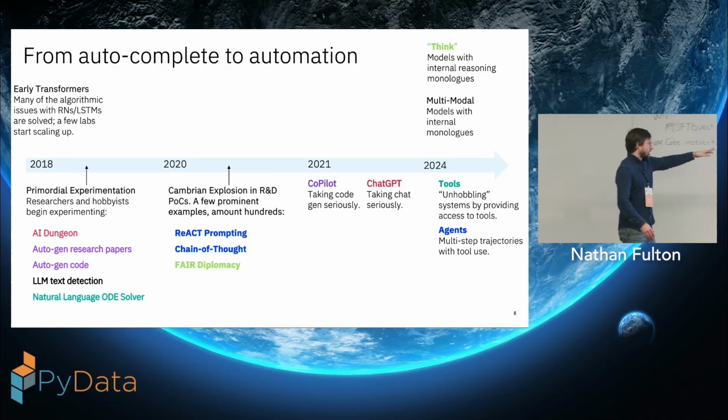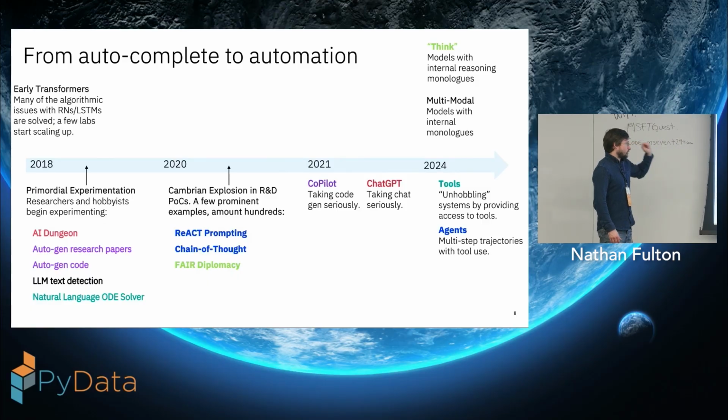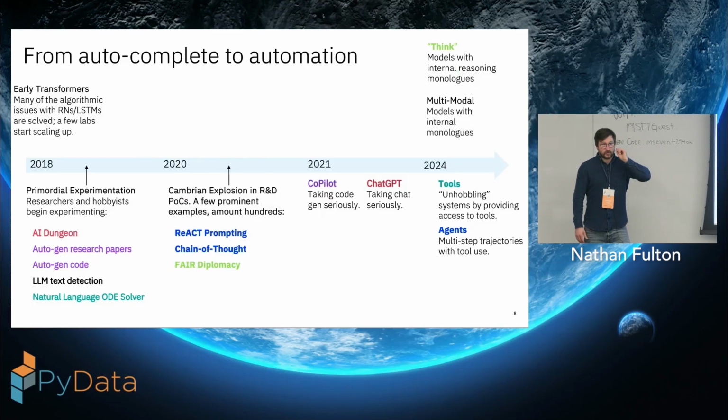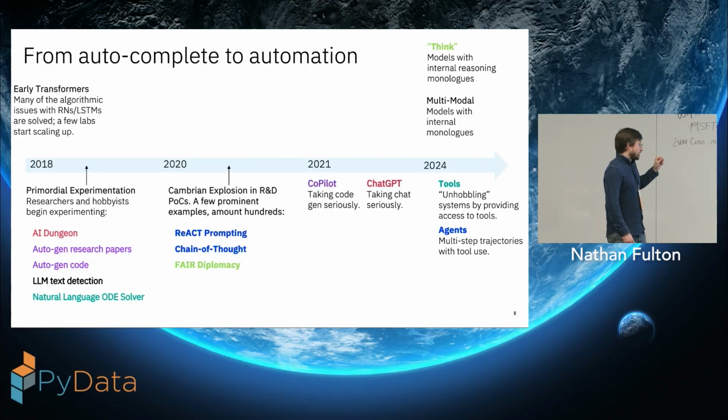Some more examples. ReAct prompting and chain of thought, the beginning of agentic-style stuff, right? Along with tool calling. Again, there's a primordial example from that same era, maybe a year earlier, where a team took a natural language query about a system of differential equations, like give me the solution, translated it into Mathematica, ran DSolve in Mathematica, got the solution back out, and then translated that into natural language.